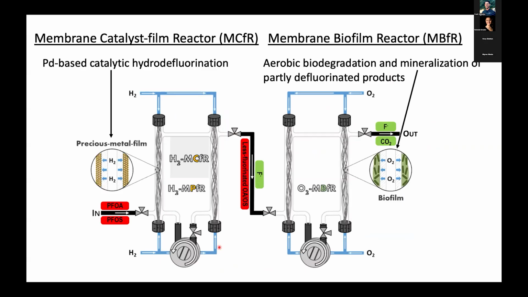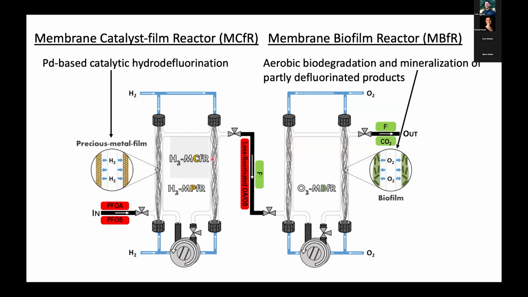Here's how we actually do it in the laboratory. So we have two reactors in series. The first one is something called the hydrogen-based membrane catalyst film reactor, in which we have gas transfer membranes that deliver hydrogen gas, the reductant, and we deliver it to a film of precious metal-based catalysts, which are really good at doing reductive defluorination.